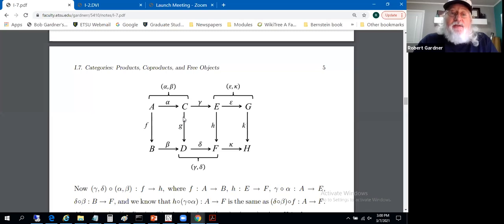So the plan is, as we had previously, the pair alpha beta maps morphism F to morphism G. The pair gamma delta maps morphism G to morphism H, which is the same thing we had before, just different symbols. And finally, morphism epsilon kappa in category D maps morphism H to morphism K.